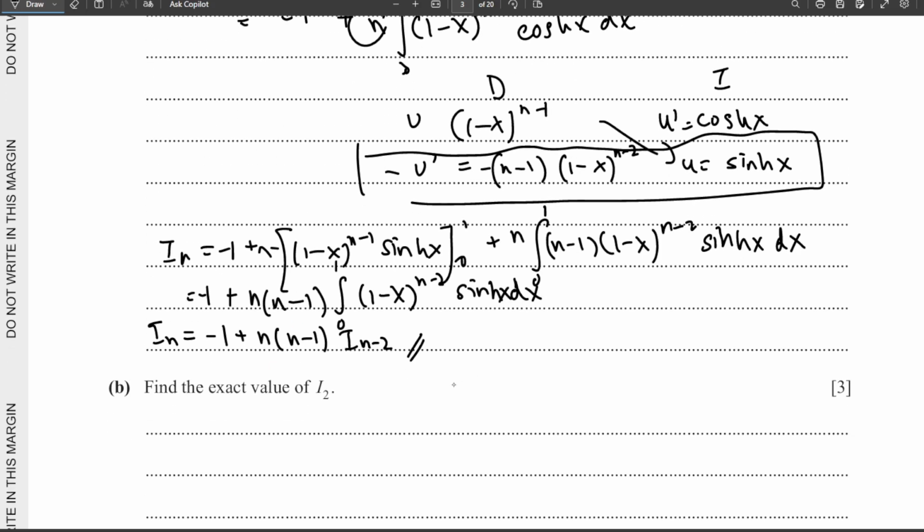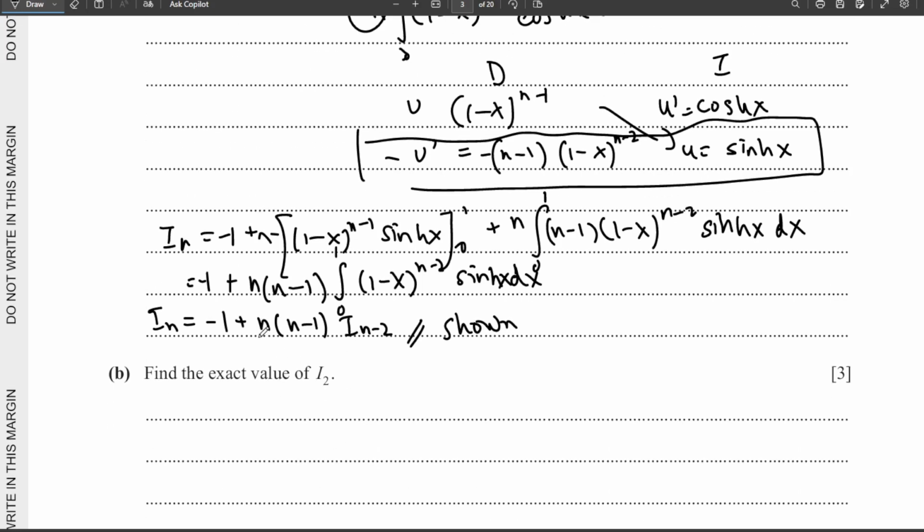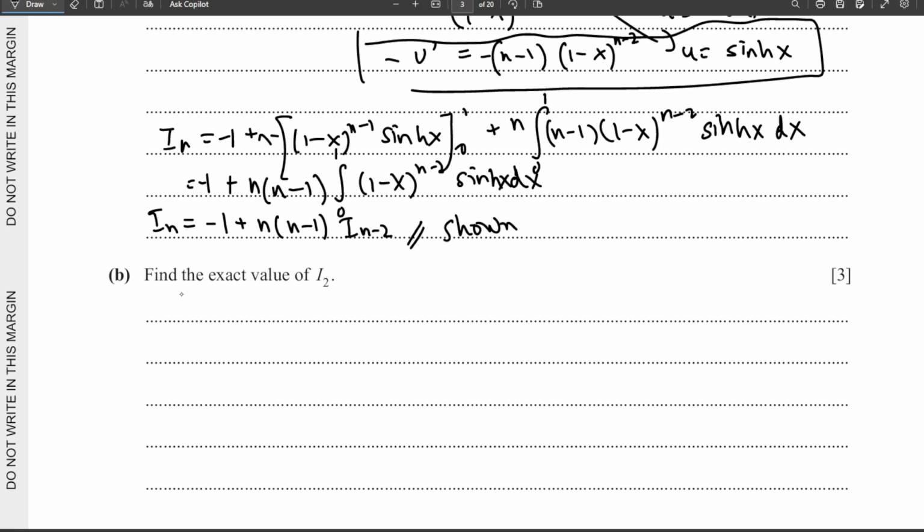Okay, so yeah, now we have shown this. And now we want to find the exact value of I_2. So I_2 means our n will be 2 here. Then we substitute 2 in all the n values here. And I_{n-2} just gives us I_0, right?